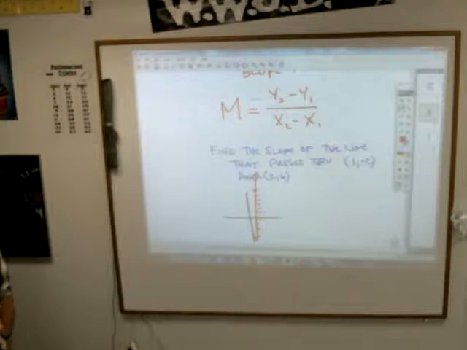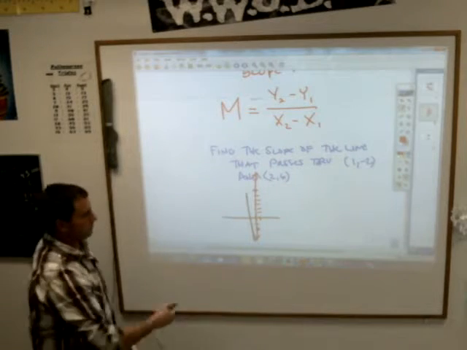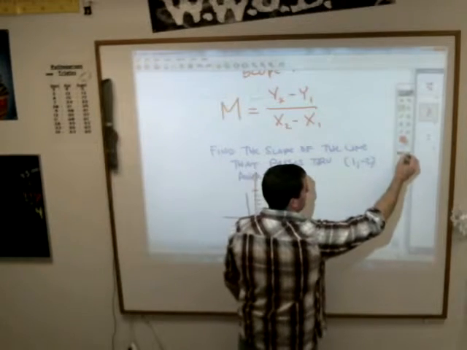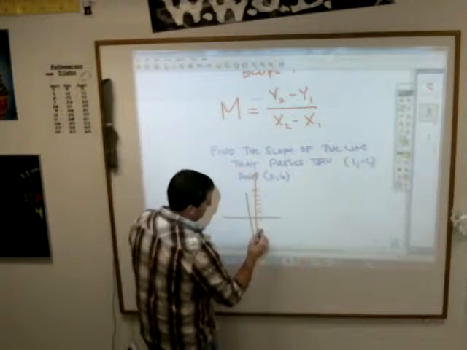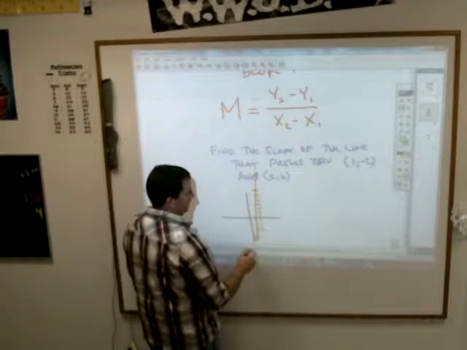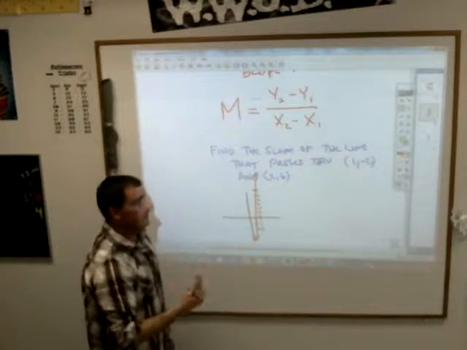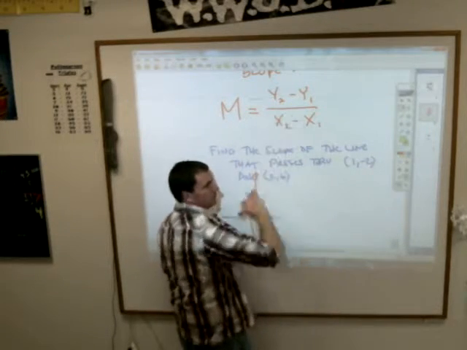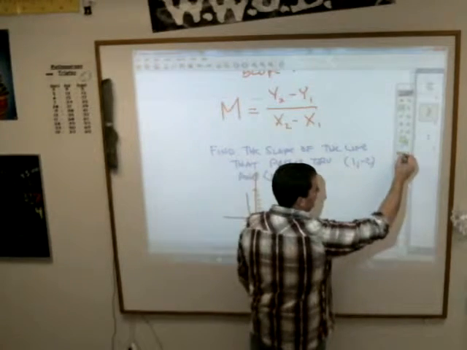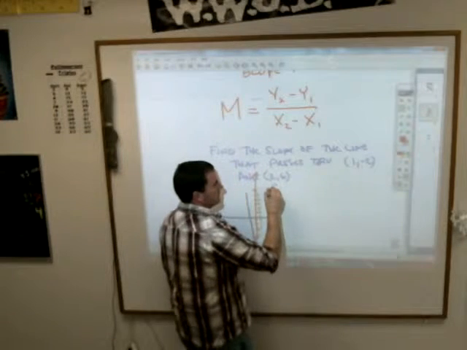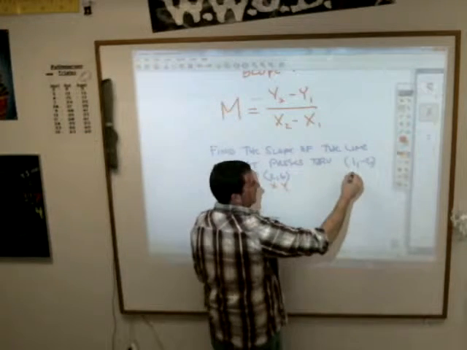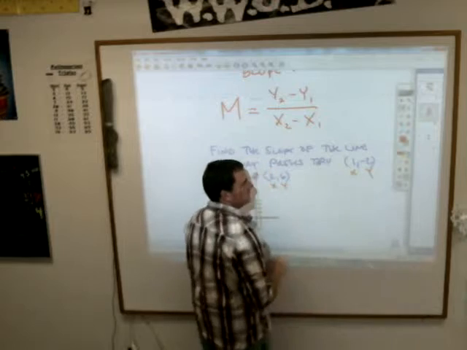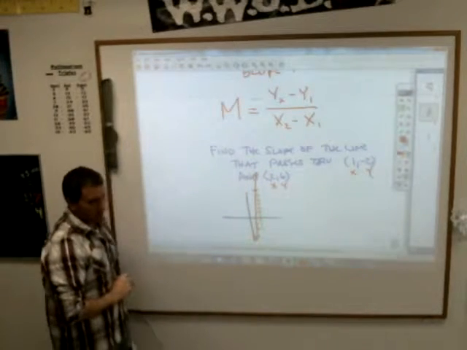Rather than drawing that triangle that we did before and counting the blocks going up and across, you can just stick these 2 points into this formula, knowing that the first numbers given in an ordered pair are the x values and the second numbers are the y values.